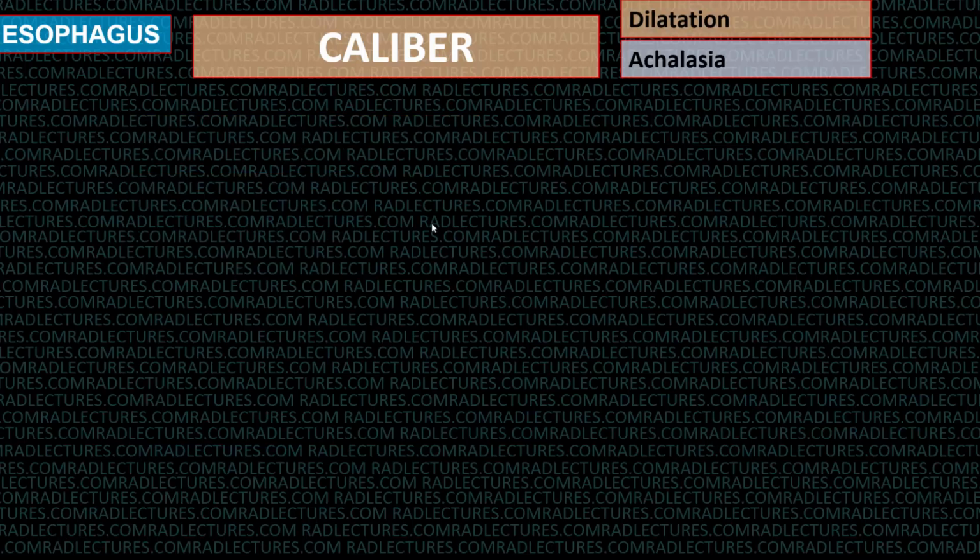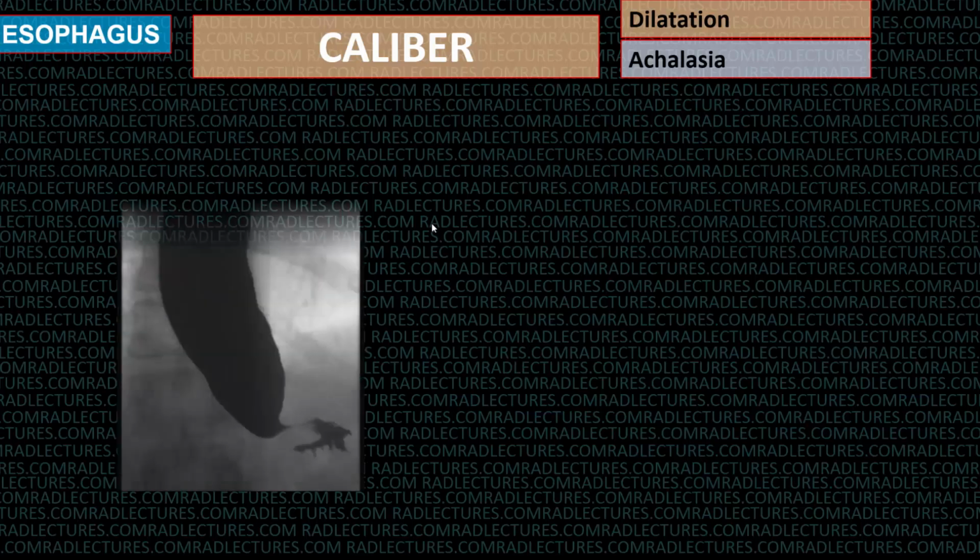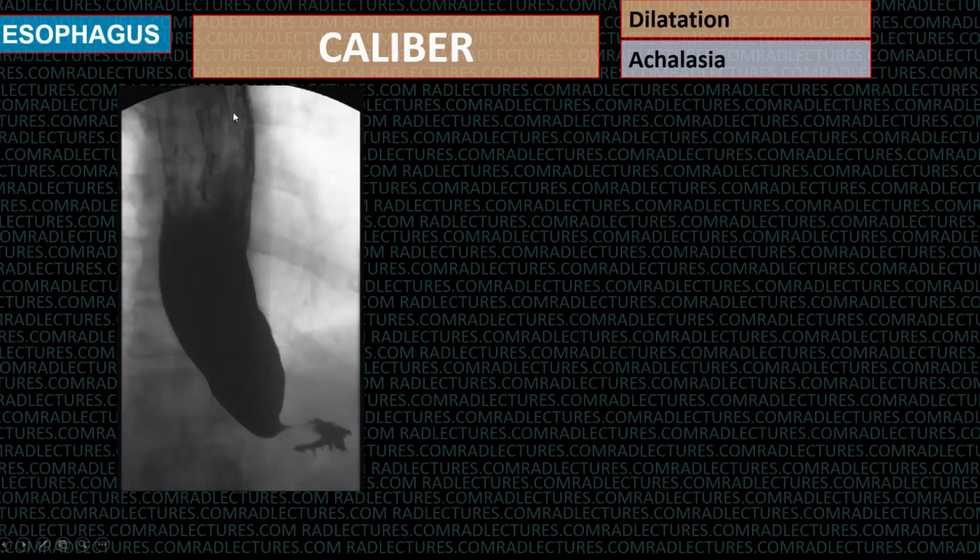So, talking about achalasia, the basic hallmark is that the esophagus is significantly dilated and at the lower end there is a narrowing at the lower esophageal sphincter so that it forms a bird beak appearance. If you look at this, this is the head of the bird upside down, that is the chest of the bird, that is the beak, so bird beak appearance.